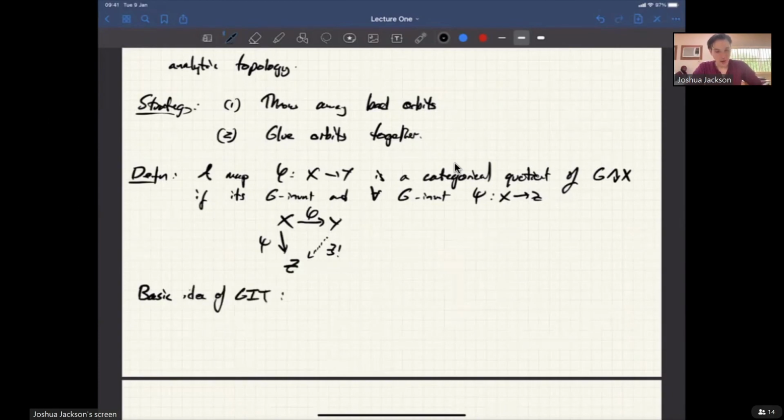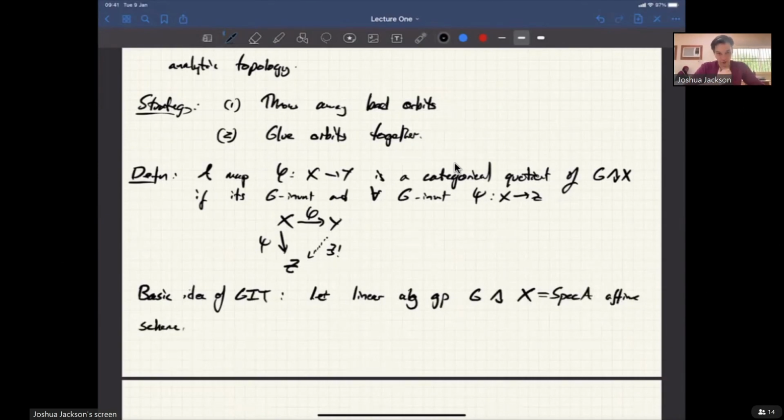Yes, so the basic idea of geometric invariant theory. If you like, this is where the I comes from in GIT. I'll tell you where the G comes from later. So if we let a linear algebraic group G act on, let's say, X, which is spec A, an affine scheme, or if you prefer, an affine variety, either one is fine.